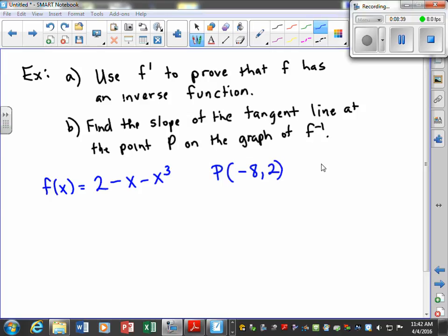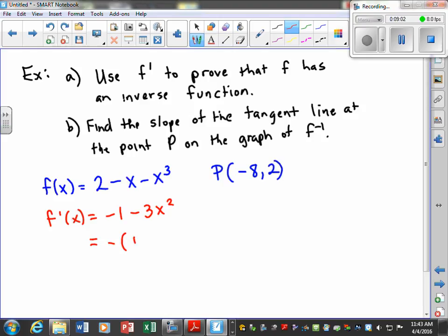Okay, so for part A, what do we do for part A? It says use the first derivative. So first derivative shouldn't be too difficult here. What's the first derivative of this term? Term for term, is that 0? What's this one? Negative 1, good. And then what about the last term? Negative 3x squared. Now let's algebraically pull a negative out.